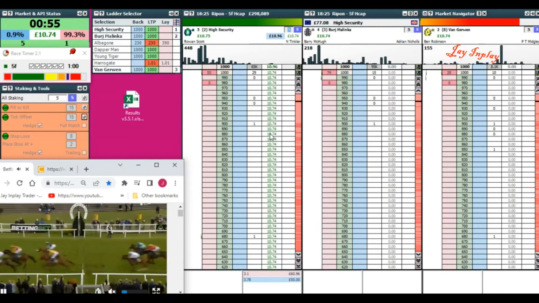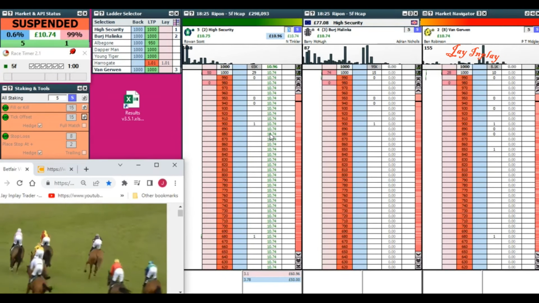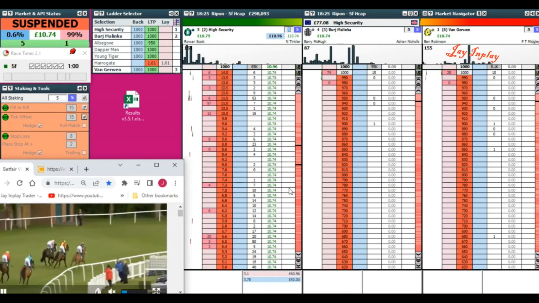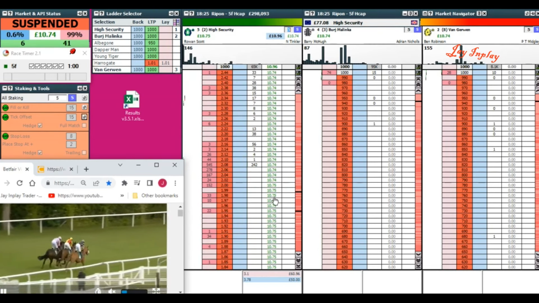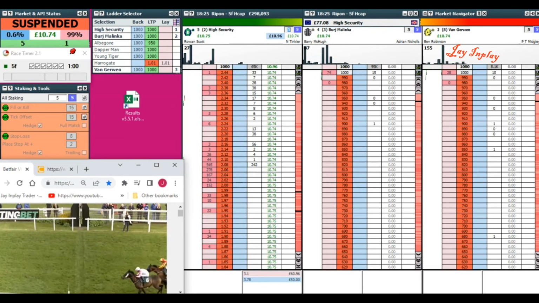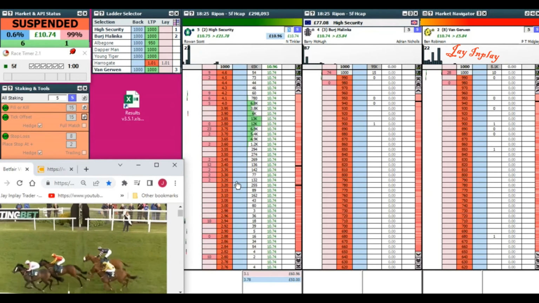By the way, I've done a lot of research on that race. Market suspended. Don't try and do that with any race. I actually thought High Society would have a good chance of being front. I didn't expect it to be a front runner because it did trade down to 208 in the end, so we could have got matched for quite a bit more profit. But I didn't want to take too much of a risk.